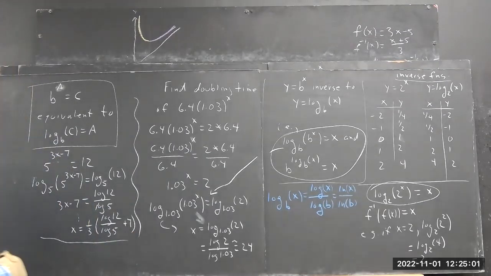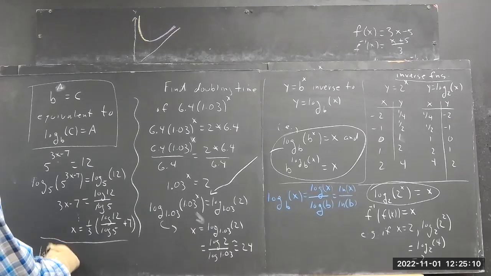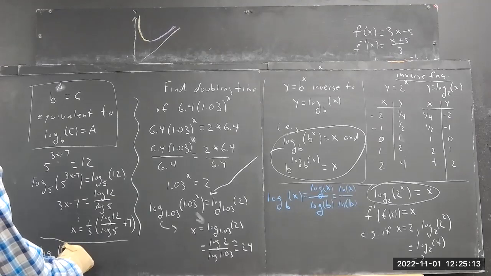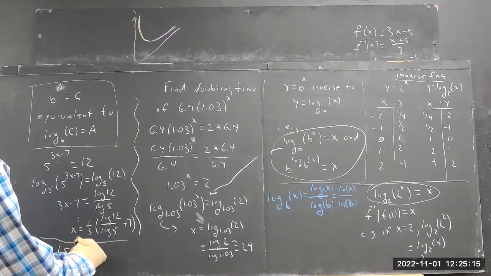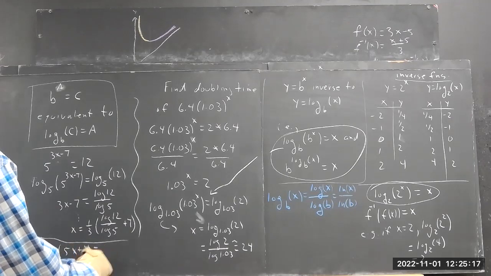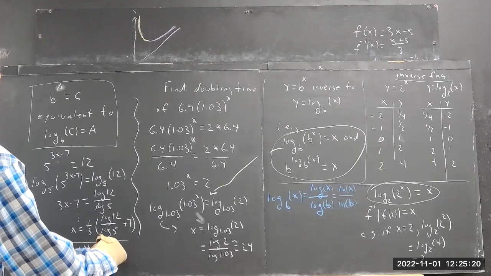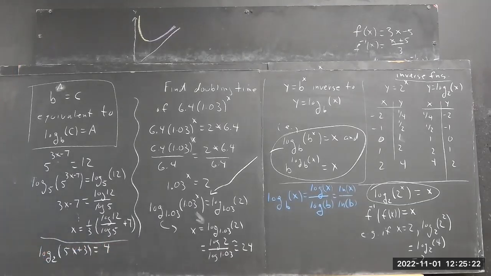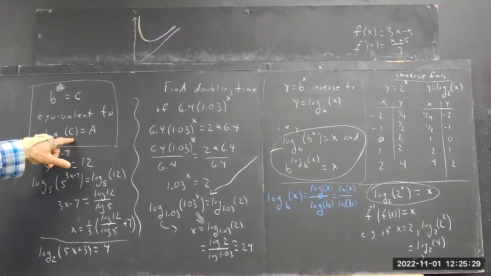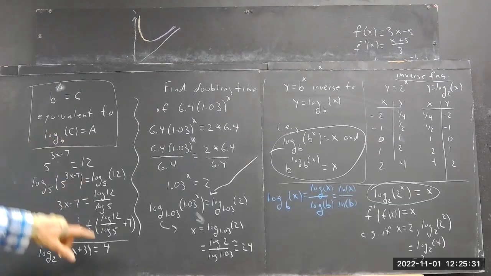Real quickly, then, the equation log base 2 of 5x plus 3 equals 4 is equivalent to what? If you use this, your b is 2, the c is your 5x plus 3, and the a is 4.